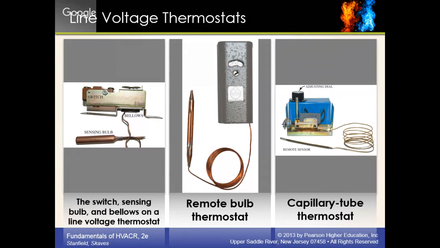Who knows anything about capillary tube thermostats? Oh, there it is. Capillary tube thermostats use a diaphragm mechanism instead of a bellows. That's the difference between the two. I knew I read it in there somewhere. So this guy's got a bellows inside of him, that's going to be right here, and this guy has a diaphragm. Remember I was talking about that?